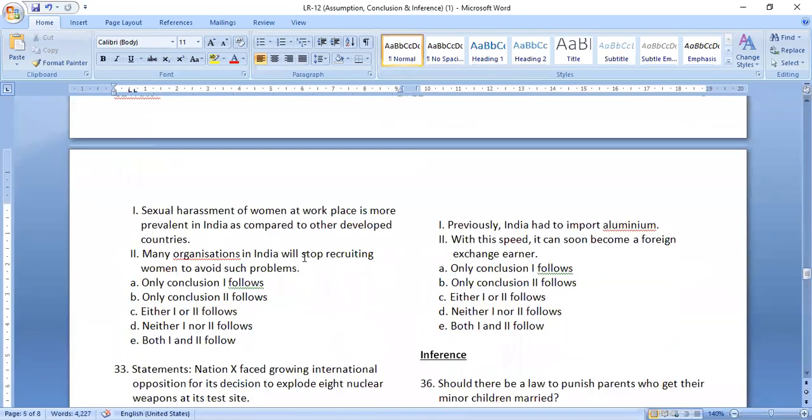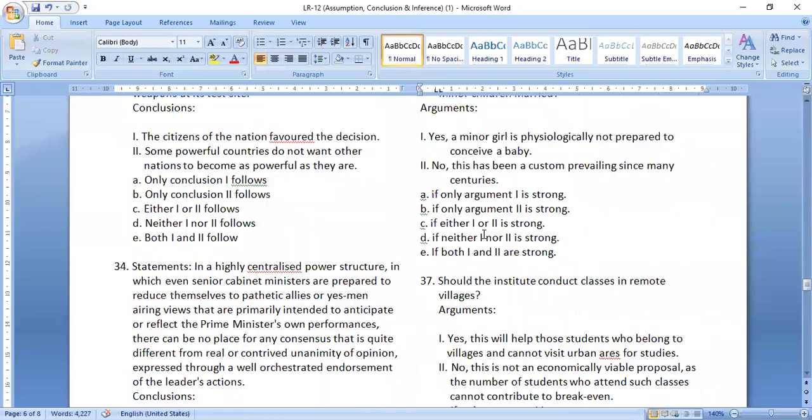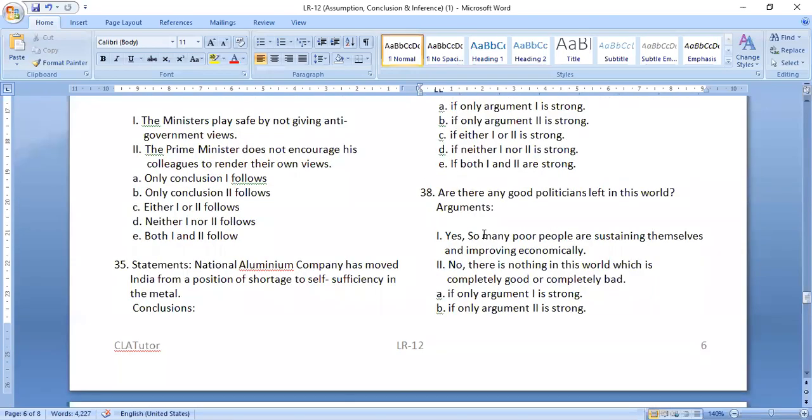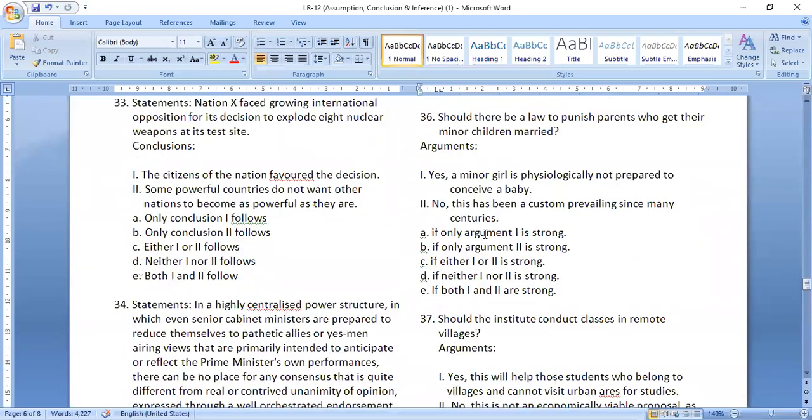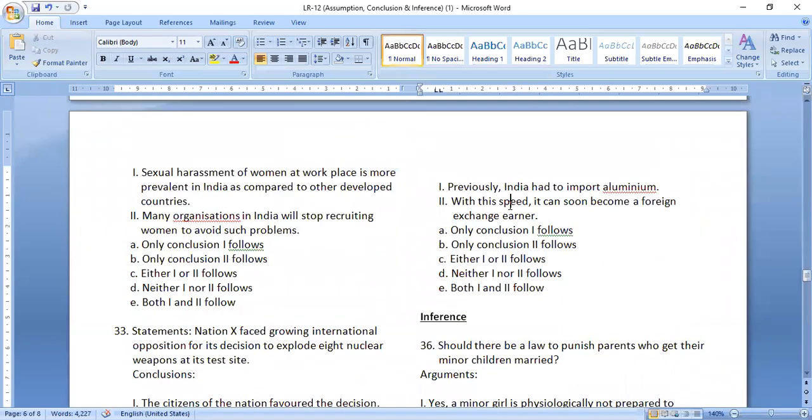So therefore, had to import aluminium is true. Previously, India had to import aluminium. Yes, sir. But is that a conclusion? With this speed, you can soon become a foreign exchange earner.